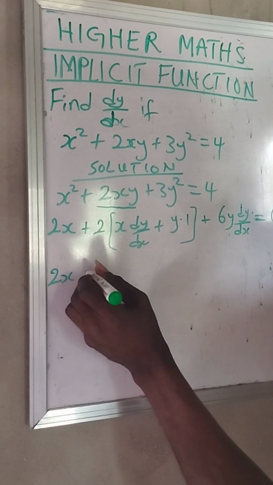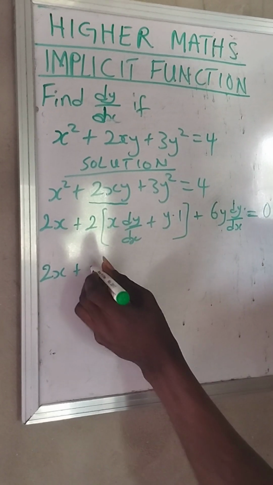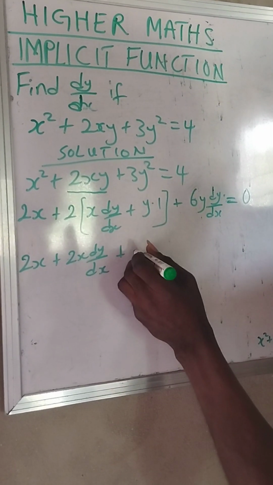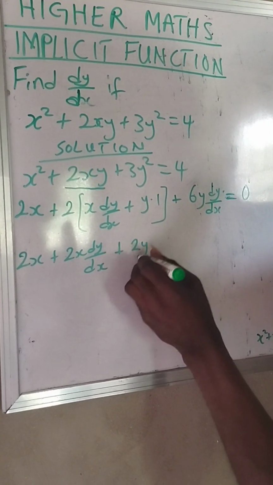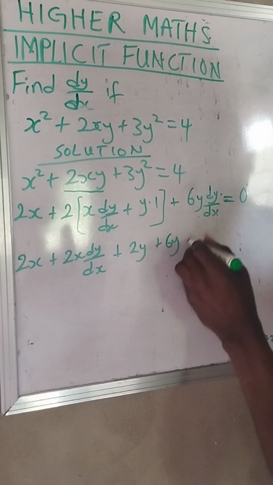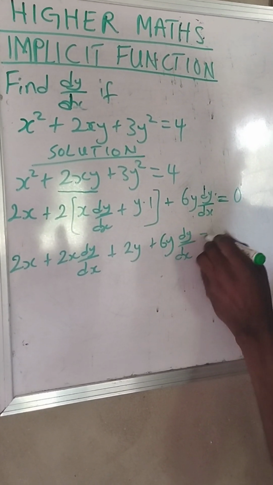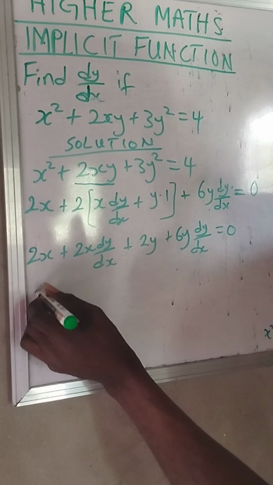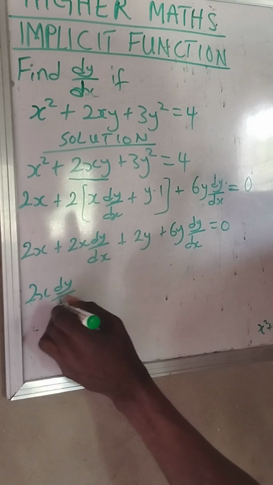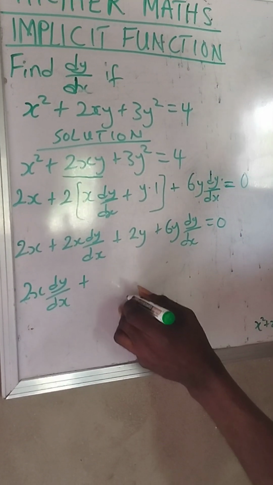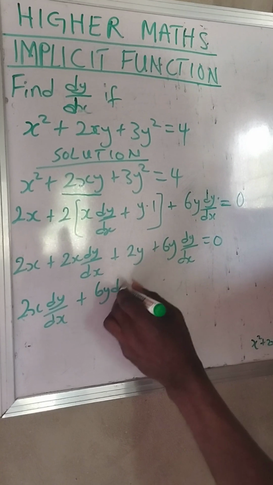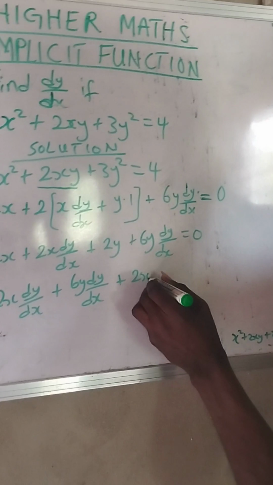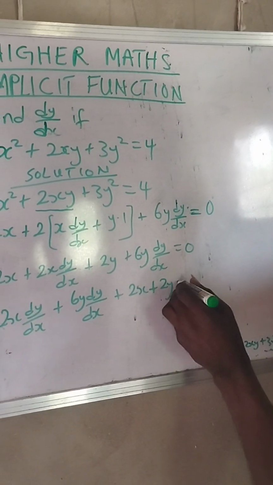You're going to have 2x plus 2 times x dy over dx plus 2 times y times 1, which is 2y, plus 6y dy dx equals 0. So let's rearrange by bringing the dy dx terms together. You have 2x dy over dx plus 6y dy over dx plus 2x plus 2y equals 0.